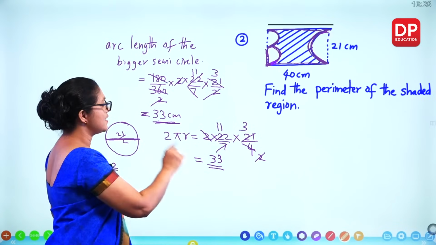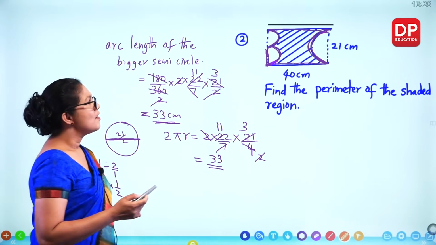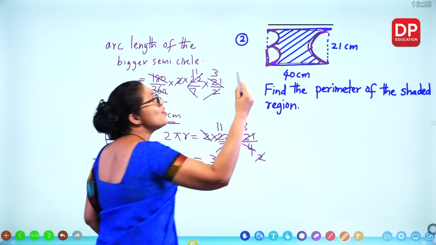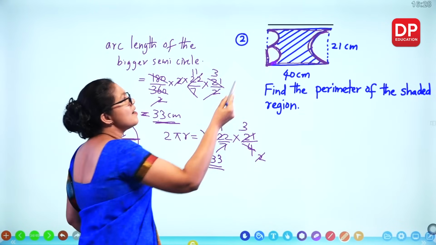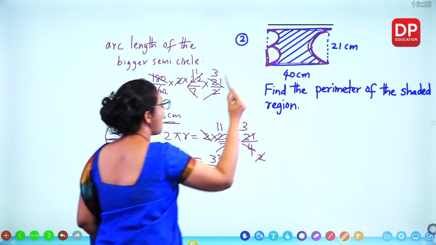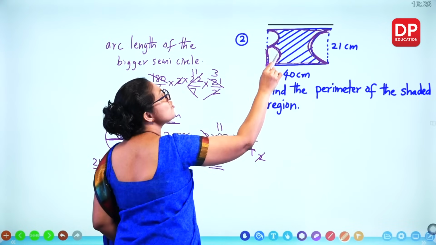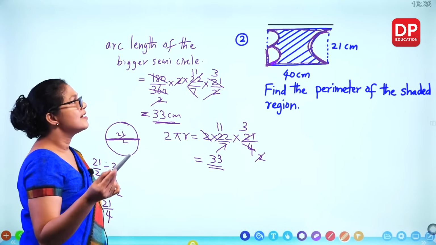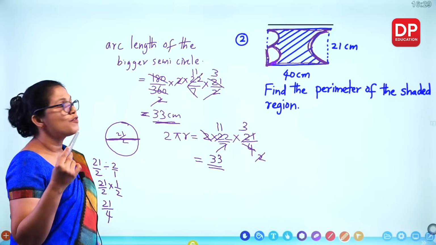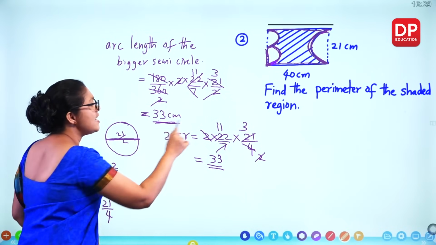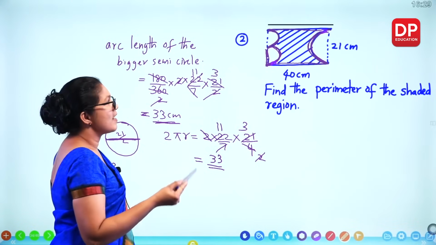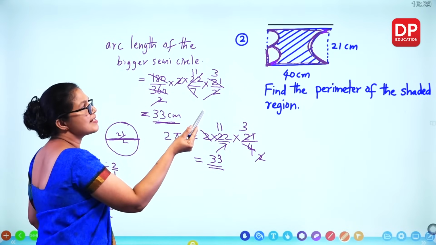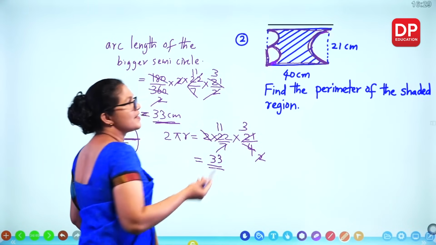Now look at this one, 33 and 33. Here we can see that when you get a rectangle and when you divide this into several semicircles, you get the same arc length. So here if you divide into 2 or 3 several semicircles, the same arc length you are getting. So if you see something like this, you don't need to do the calculations again. You can straight away write down, you found this circumference 33, here also 33.